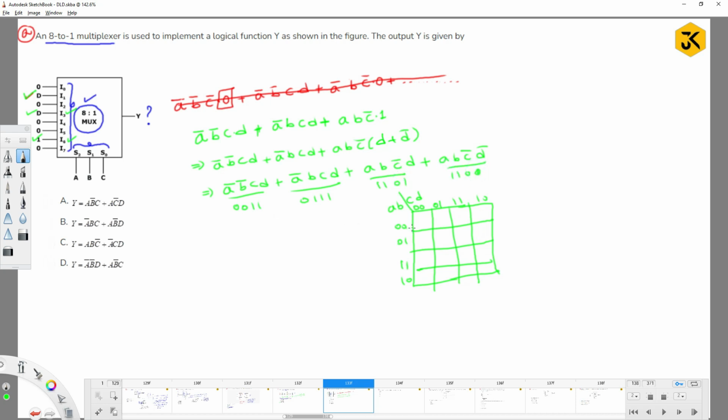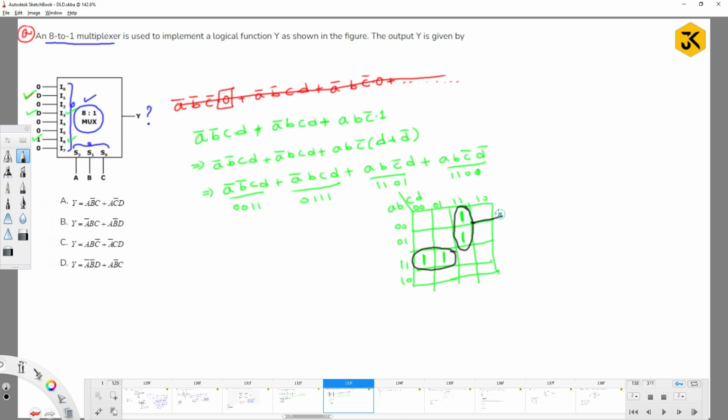So the first one, 0 0 1 1, I can write as 1 here. Second one, 0 1 1 1. The 1 1 0 1 minterm will be like this, and the 1 1 0 0 minterm will be like this. Now how can you form a subcube of maximum size? I can form a size of 2 power 1.